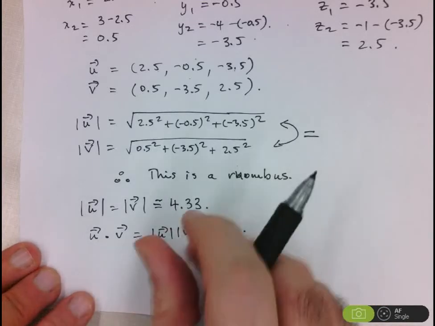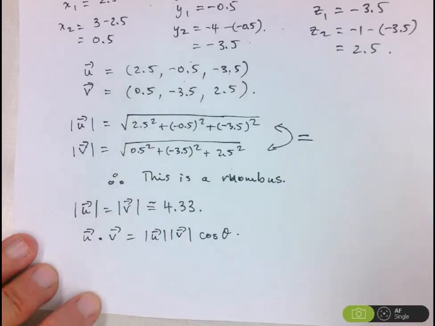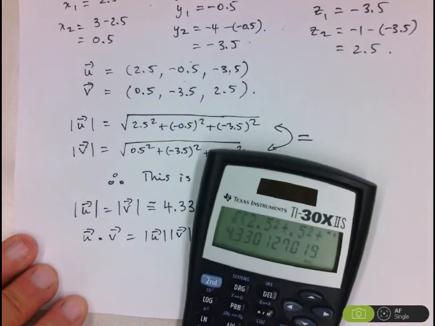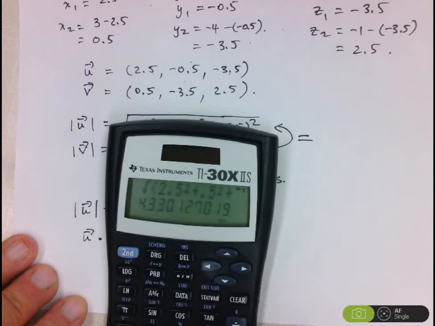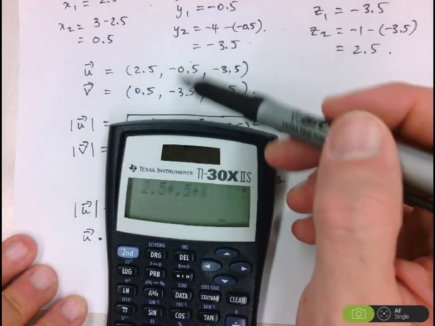Well, u dot v we can calculate here, so let's do u dot v. So 2.5 times 0.5, so in fact let's just do it directly on the calculator here. Okay, so we multiply the x's, 2.5 times 0.5, and then I add to that the product of the y's since they're both negative.